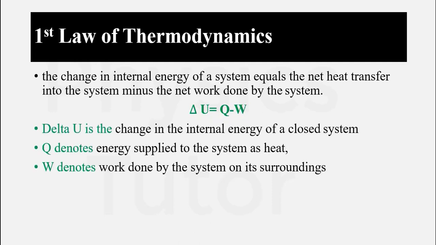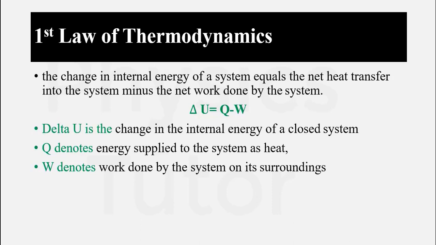In simple sense, when we give heat to a system, delta U, which is the internal energy, will change and work will also be done. For example, if we have a beaker with a movable piston on it, when the fire is on and temperature increases in the beaker, the piston will move upward slowly.